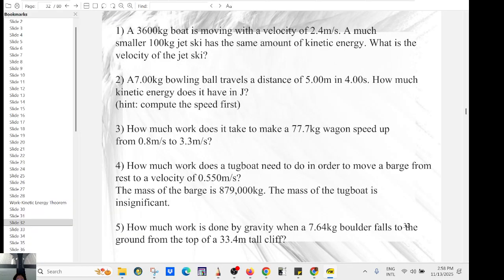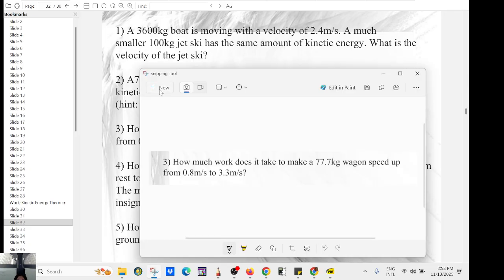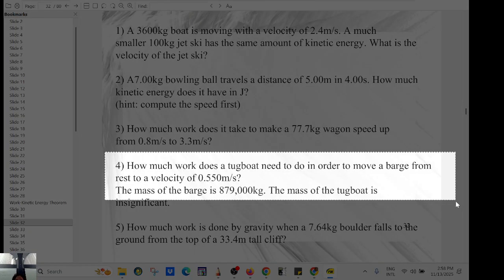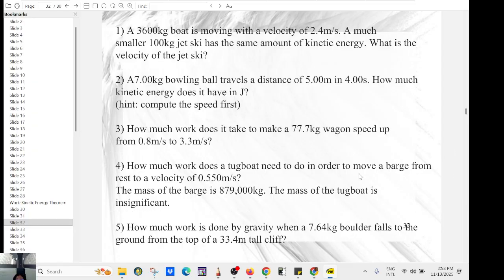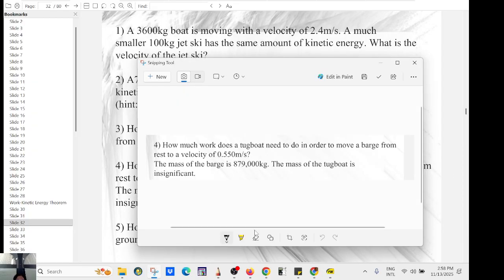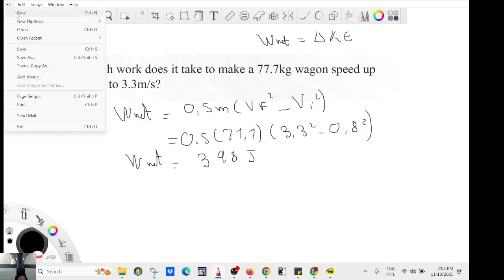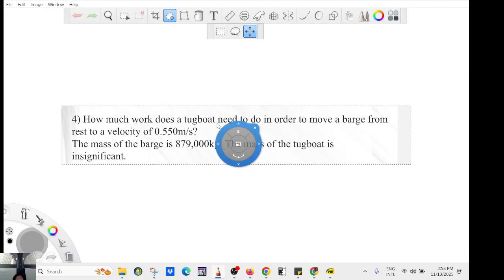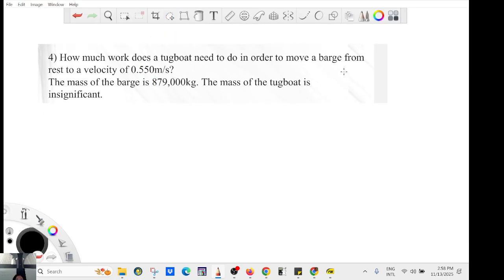And then number 4. Okay, so this one is super easy, but just to make sure. From rest means initial velocity is 0.